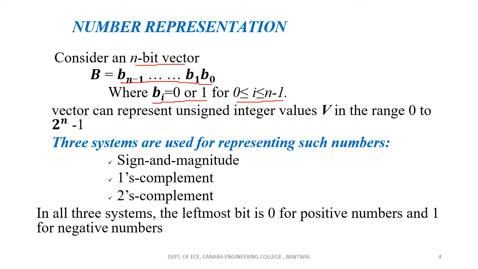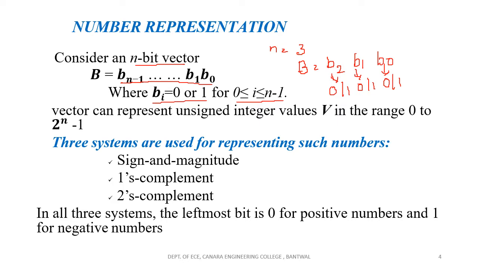That means let us assume n equal to 3. Now this b will be equal to b2, b1 and b0. These b2, b1, b0 can have the value either 0 or 1.